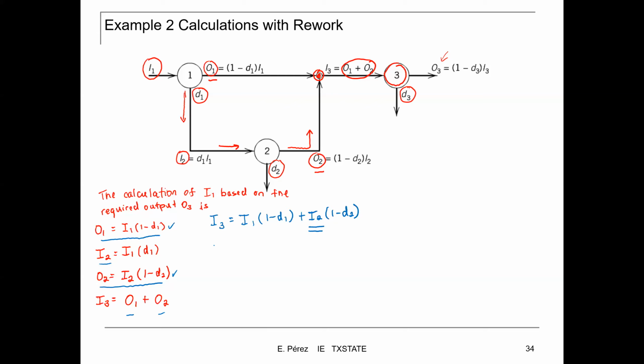So I'm going to substitute I2 into this equation. So I1 times 1 minus D1 plus 1 minus D2 times the substitution, which is this one, I1 D1.